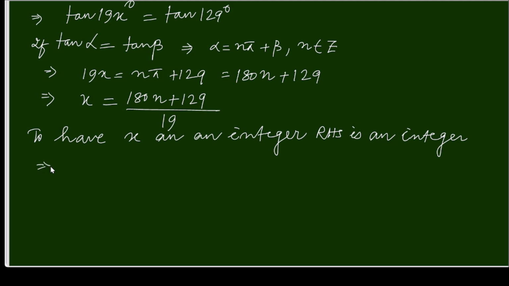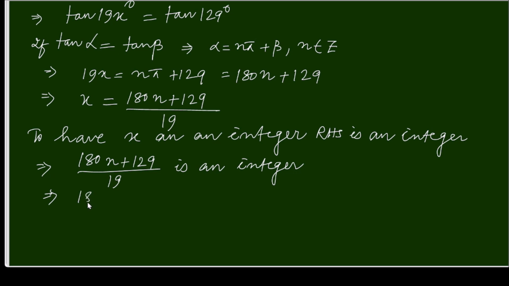That means 180n plus 129 over 19 is an integer. What does it mean? It means that 180n plus 129 should be divisible by 19, or congruent to 0 modulo 19. If it is divided by 19, the remainder should be 0.